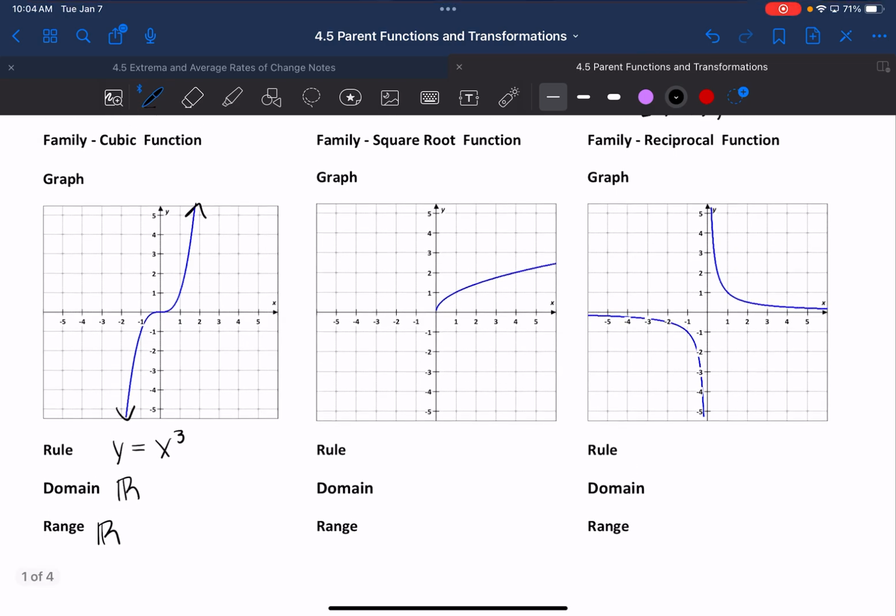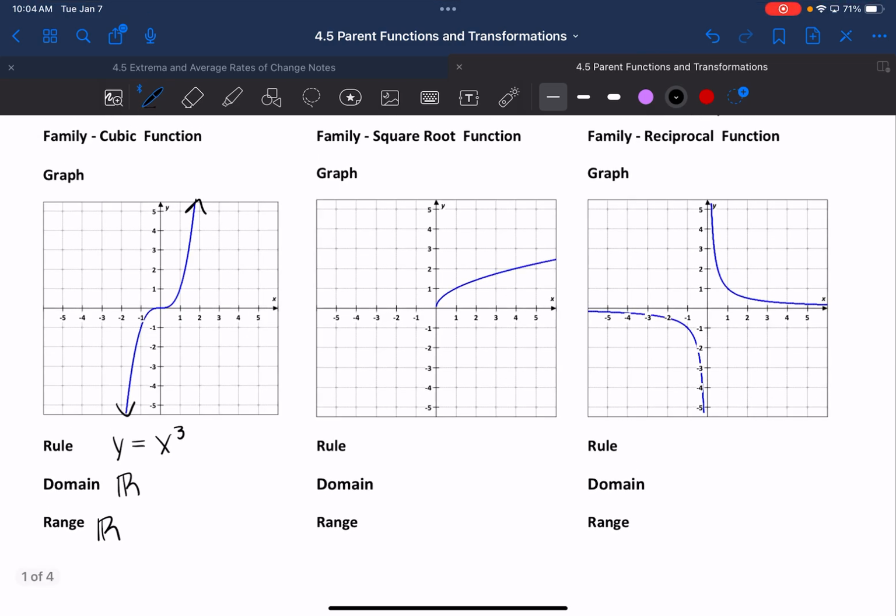All right. The next one is what we call the square root parent function. So any ideas on what the equation for this one is? Y equals square root of x. Right. Perfect. All right. Now, in this case, remember, we can't take the square root of a negative number, right?